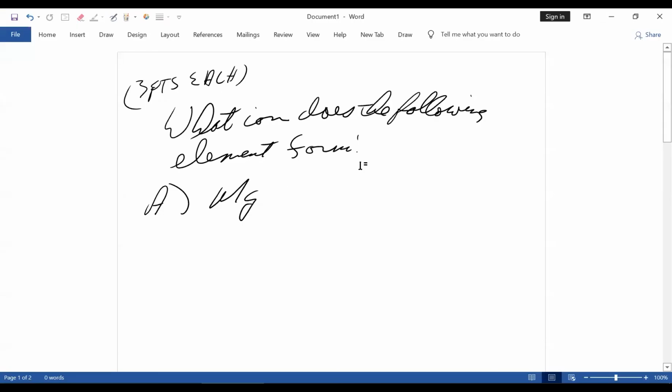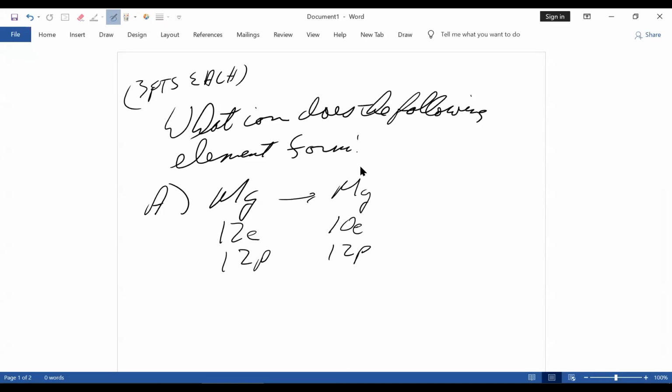All right, so now what do we know? We know, there we go. This has 12 electrons, 12 protons. Magnesium wants to go to 10 electrons, because that's how many the nearest noble gas has, but it never loses protons.